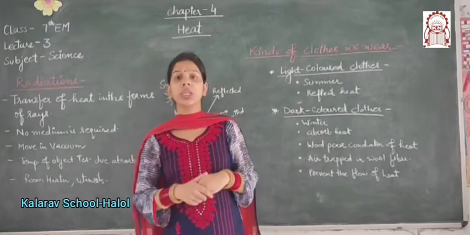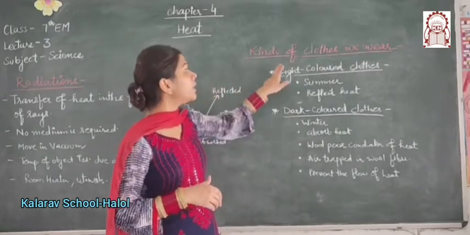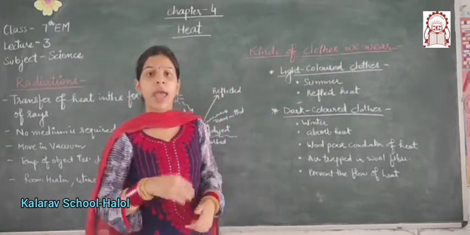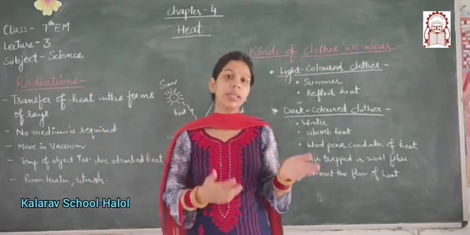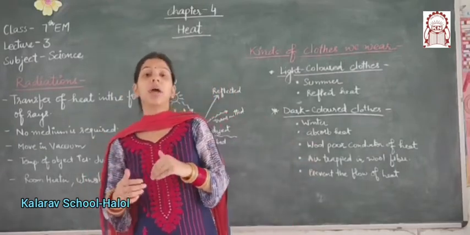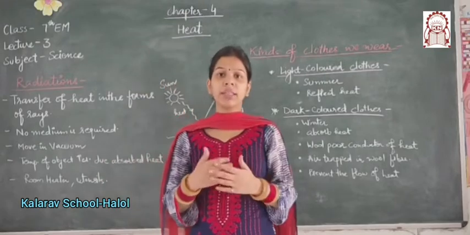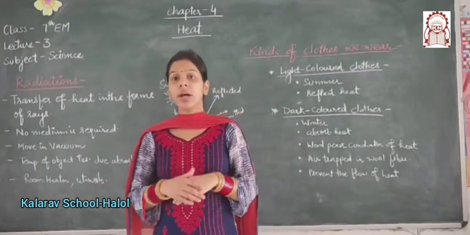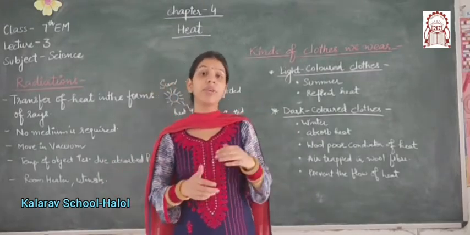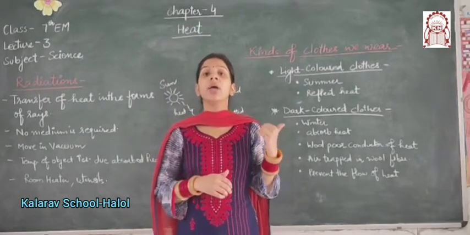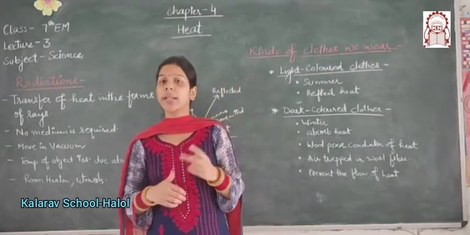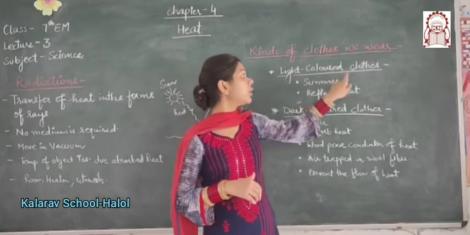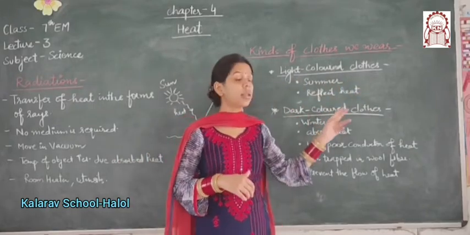Now the next question arises: what kind of clothes do we wear? In our country there are a number of seasons with different types of weather, so we wear different kinds of clothes. Here clothes are classified into two categories: number 1, light colored clothes, and number 2, dark colored clothes.